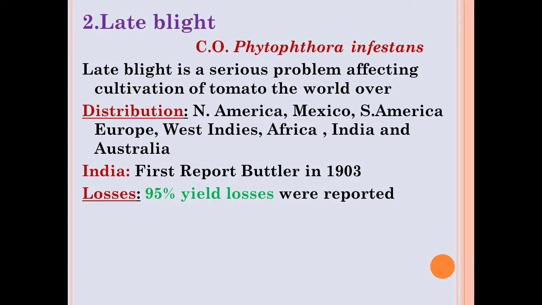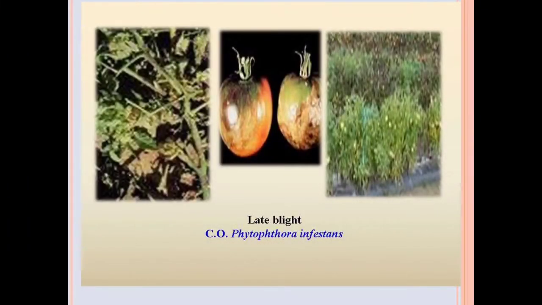Now we will see the symptoms of this late blight pathogen. Phytophthora infestans shows symptoms on leaves like pale green irregular spots which appear at the tips and margins also.